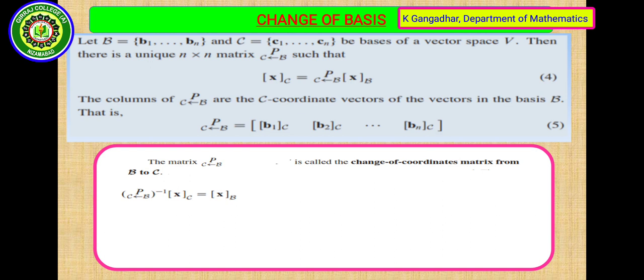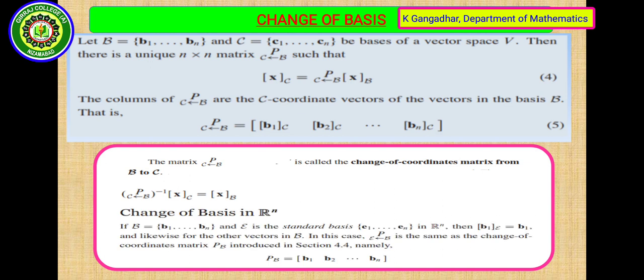So the matrix P from B to C is called the change of coordinate matrix from B to C. Here [x]_C equals P from B to C into [x]_B, and [x]_B equals (P from B to C) inverse into [x]_C.